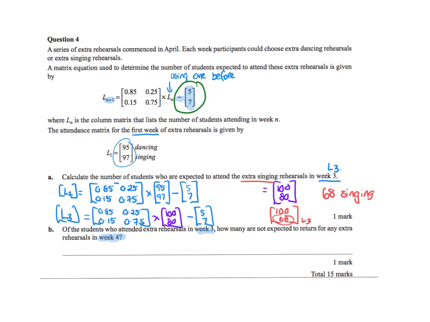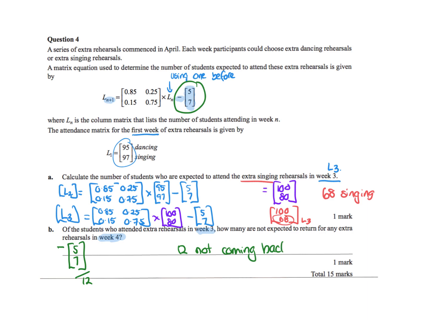So in total, we're taking away 5 dancing and 7 singing every week. Because we're minusing that, that's how many from week to week. So if we're going from week 3 to week 4, that's just 1 week. You can see the total of that is 12. So 12 are not returning, not coming back.